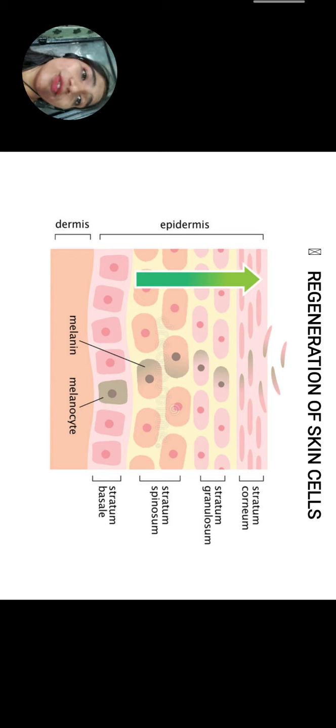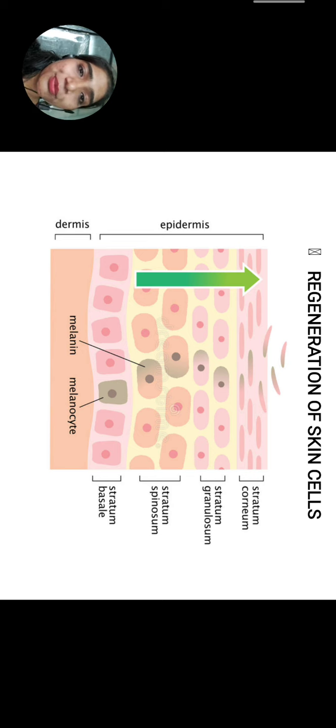So this is the process of regeneration of cells, and that's why we always say that you need to scrub your face at least once a week. Mask application needs to be done twice a week. You need to have a facial once a month, so that the dirt or the layers that are accumulated over the skin shall be removed.